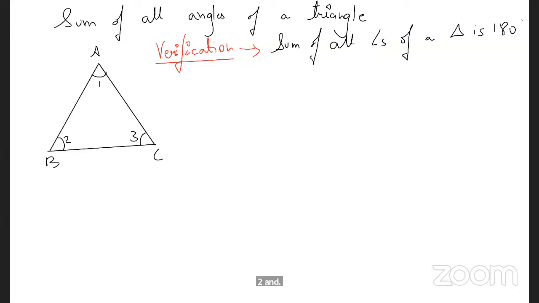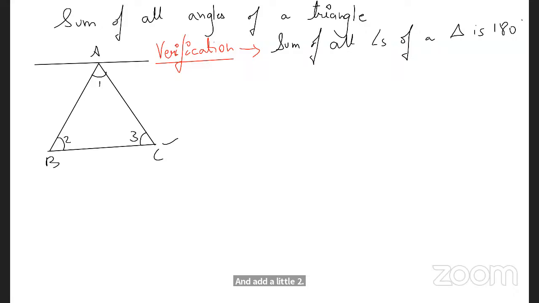Now we will draw a line passing through A and parallel to BC. What's BC? This side. Okay, parallel to BC. Let's make that line, passing through A and parallel to BC.